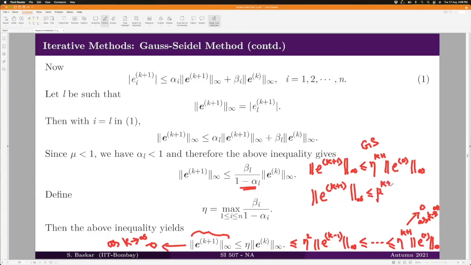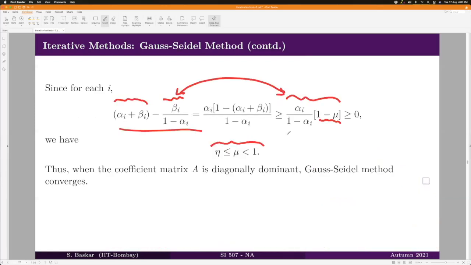Taking the maximum here is actually the mu.